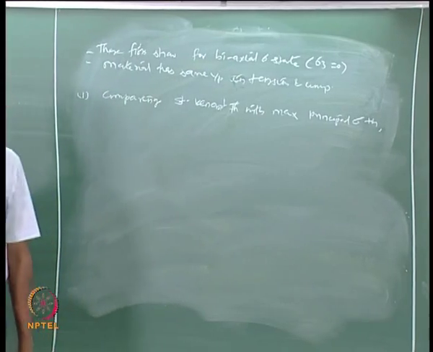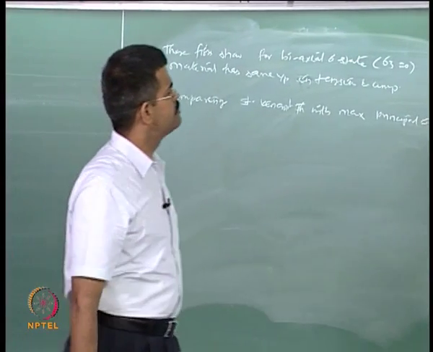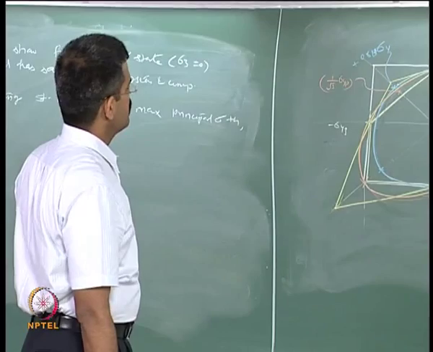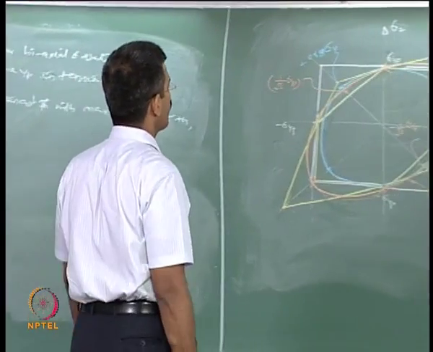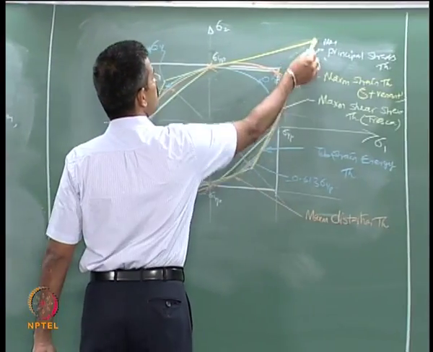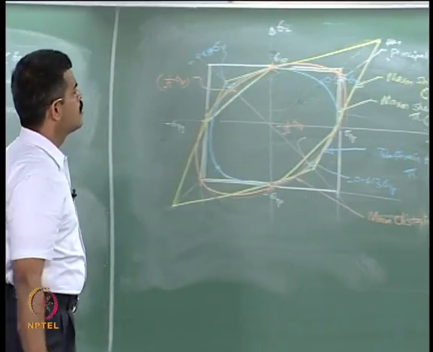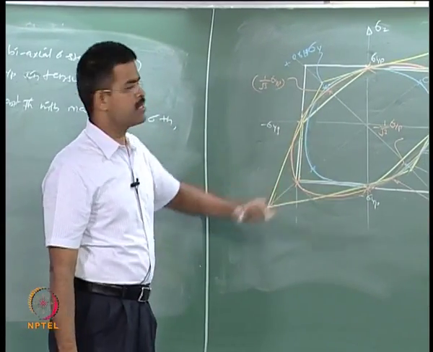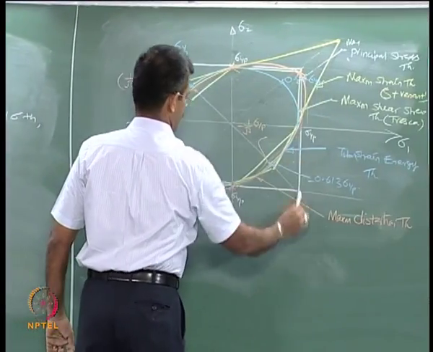By comparing Saint-Venant's theory, which is the maximum strain theory, this one, the rhombus, with the maximum principal stress theory, which is the white one.